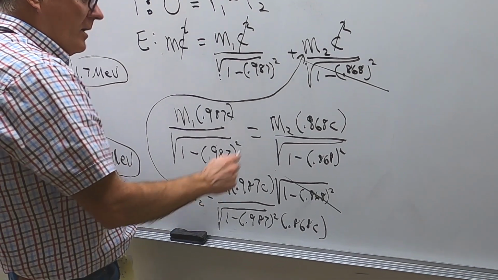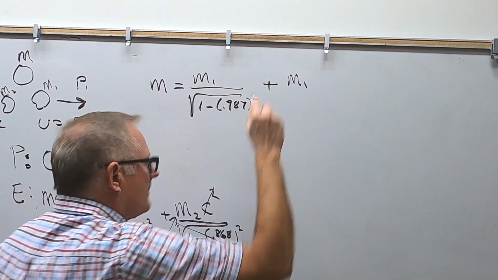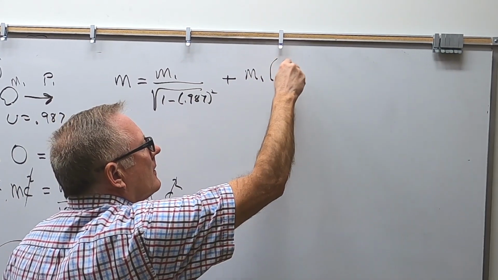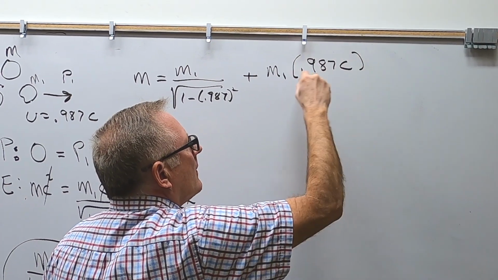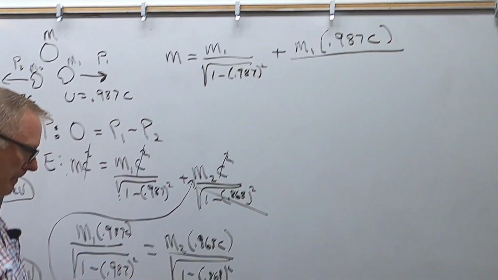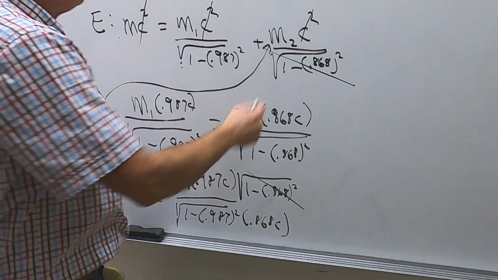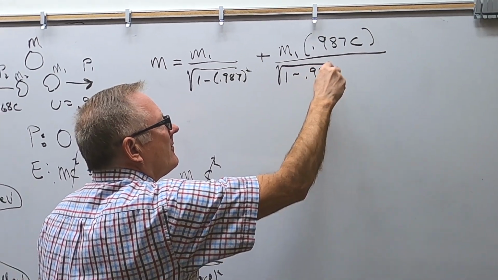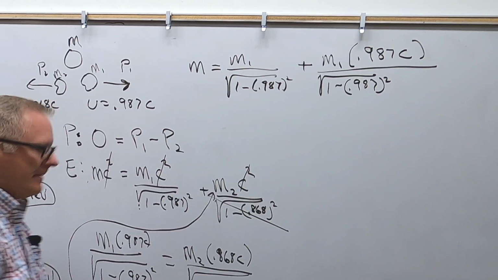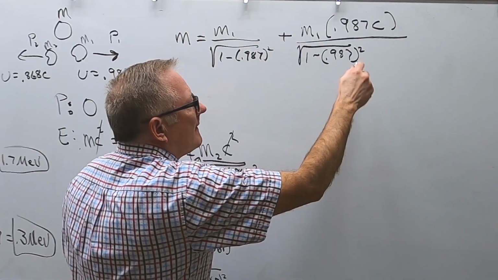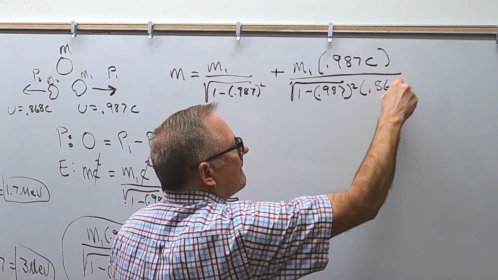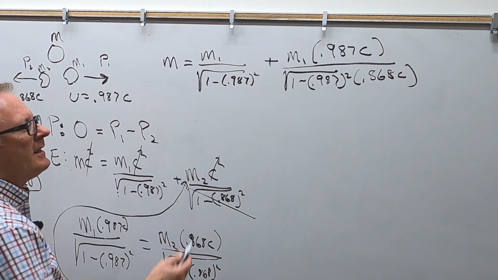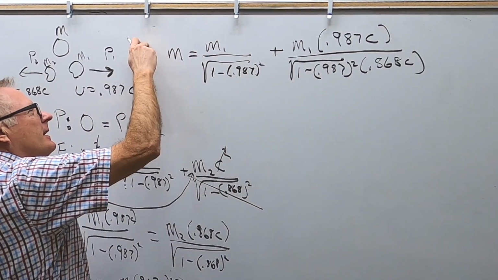So we got m1 0.987c divided by the square root of 1 minus 0.987 squared times 0.868c. Okay, and again, we're trying to solve for m1. I can throw this common denominator and put it up here.